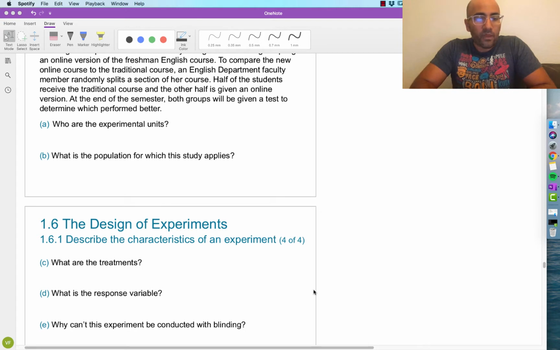Why can't this experiment be conducted with blinding? Well, obviously the students themselves will know whether they are taking an online platform or a traditional course. So in this case it's not possible to do blinding.